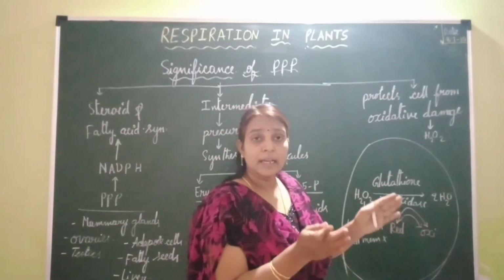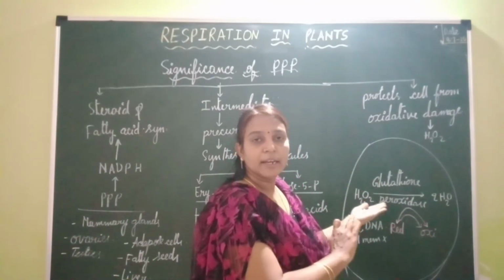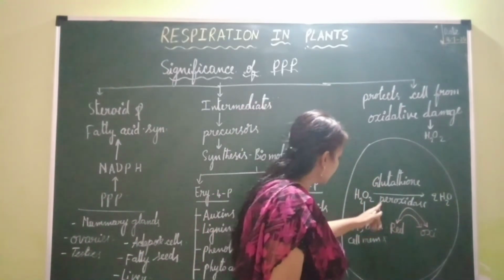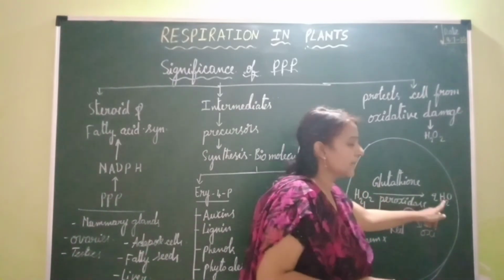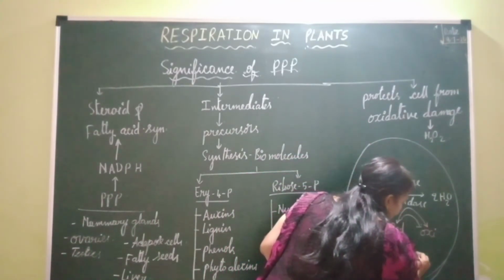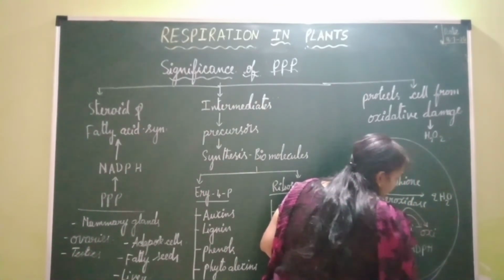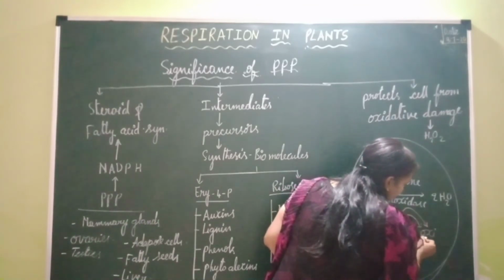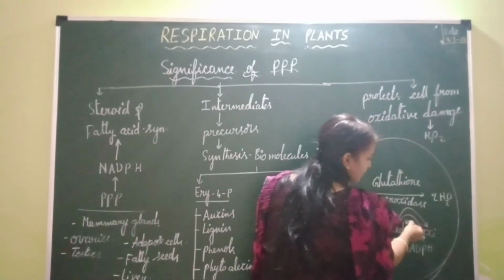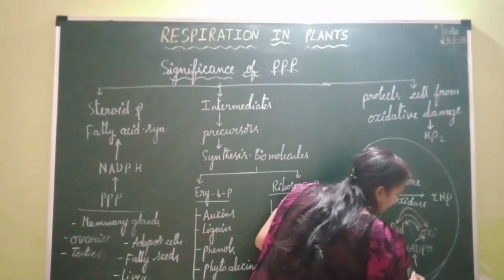Here the question is, how can this oxidized state be converted back into the reduced state, which is required for the breakdown of hydrogen peroxide into water? It is by NADPH. NADPH provides the reducing power to the oxidized state of glutathione peroxidase so that it can be converted back into the reduced state. And where is this NADPH coming from? It is coming from the PPP pathway.